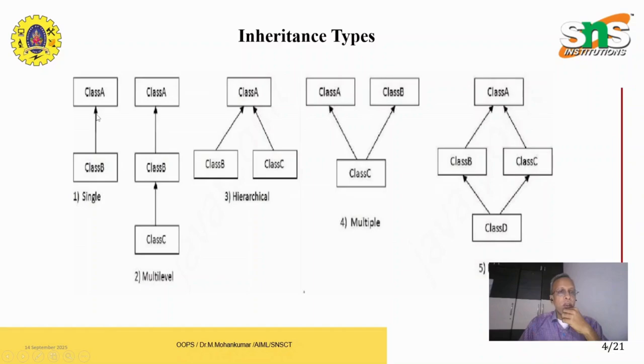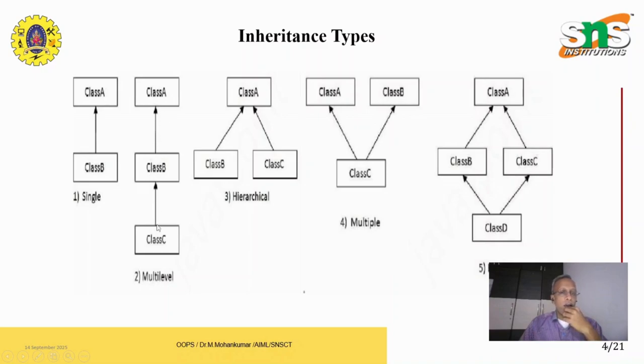For example, a child inherits the mother's behaviors or patterns. Like that, class A has some properties and objects, and we are going to use them in class B. This approach we call single inheritance.